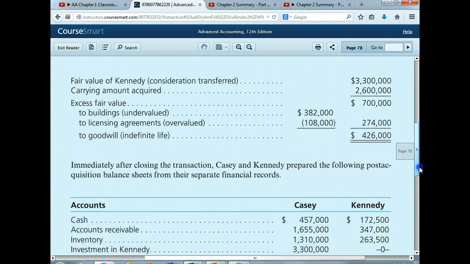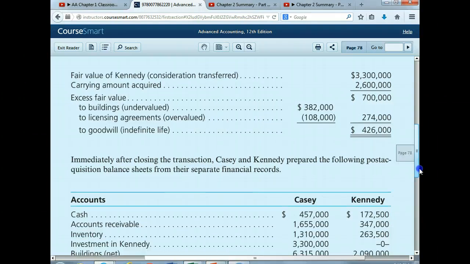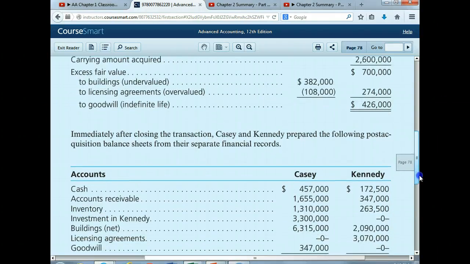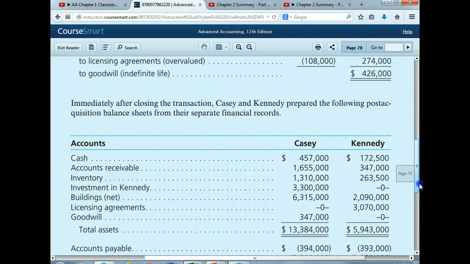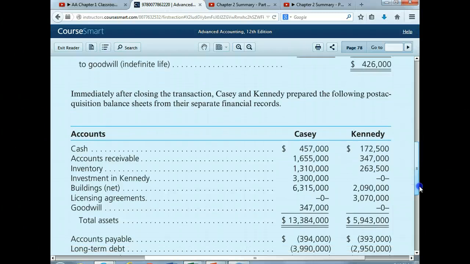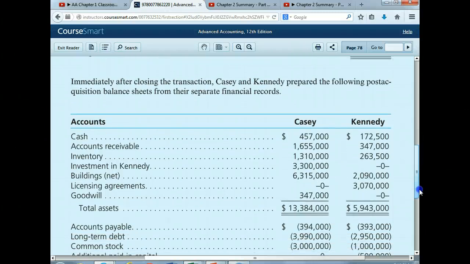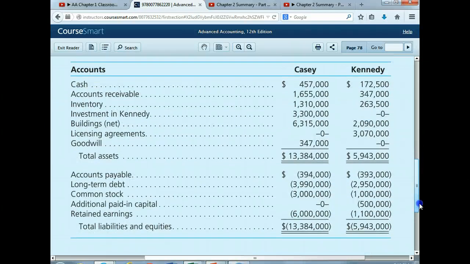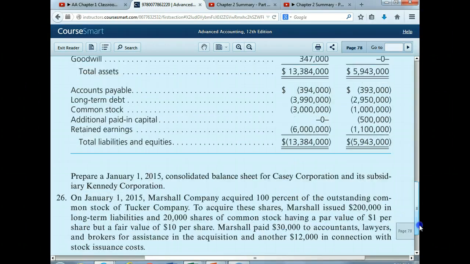Immediately after closing the transaction, Casey and Kennedy prepared the following post-acquisition balance from their separate financial records. So here are the assets of Casey, the assets of Kennedy. Prepare a January 15th consolidated balance sheet for Casey and its subsidiary.